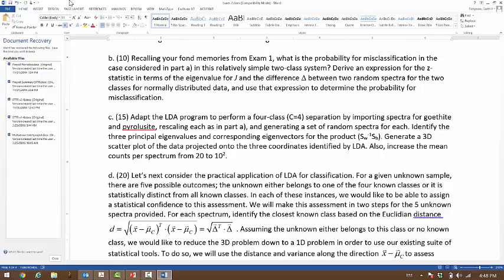Now, it won't be that different, but it'll be a slightly different analytical expression relating the probability of misclassification to the corresponding eigenvalue J. So J is the eigenvalue. Yeah, J is the eigenvalue.